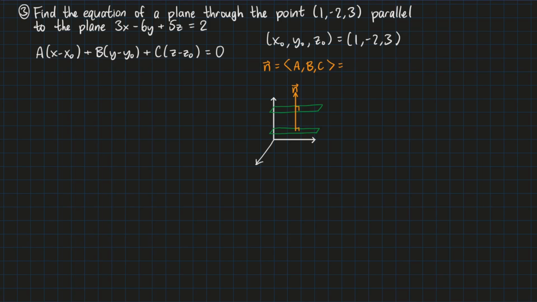If we take the coefficients, we get that n equals (3, -6, 5). So our equation of the plane is 3 times (x minus 1), minus 6 times (y plus 2), plus 5 times (z minus 3), equals 0.